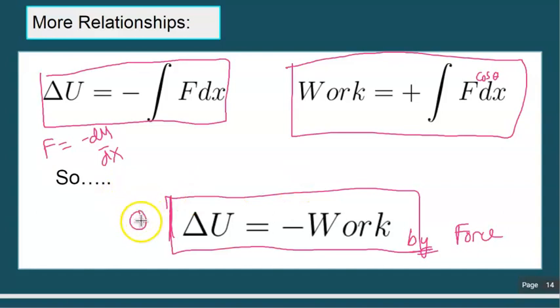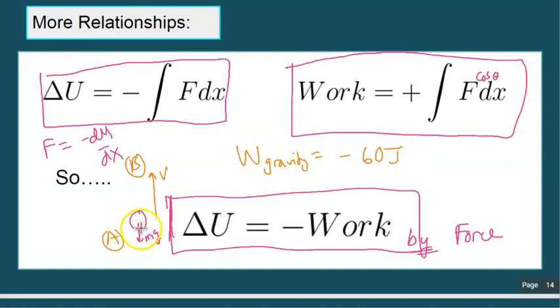Let's say you have the force of gravity and the object goes from point A to point B. Gravity's doing negative work because the motion is up and the weight is down. So let's say the work done by gravity was minus 60 joules, F d cosine theta.